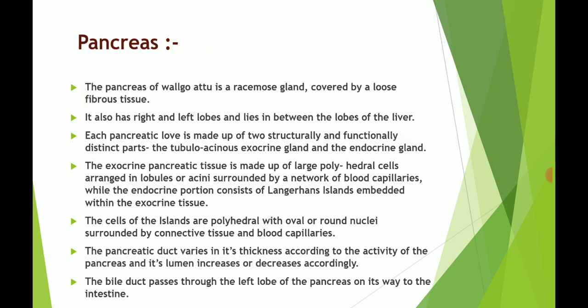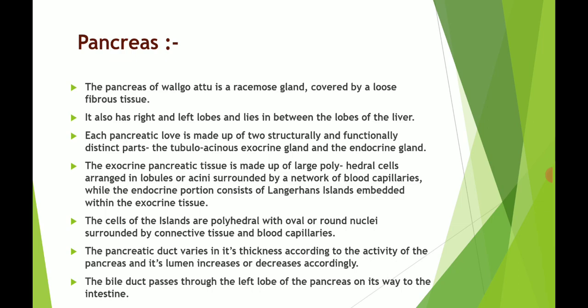The pancreas of Wallago attu is a racemose gland covered by loose fibrous tissue. It also has right and left lobes and lies in between the lobes of the liver.